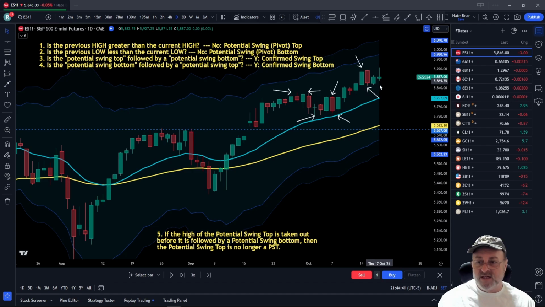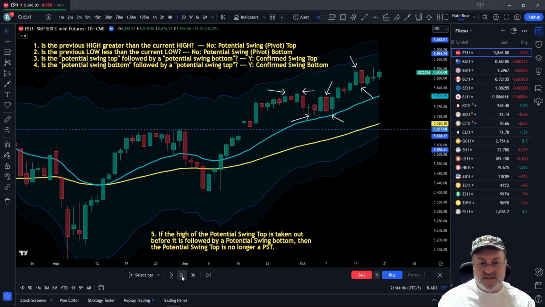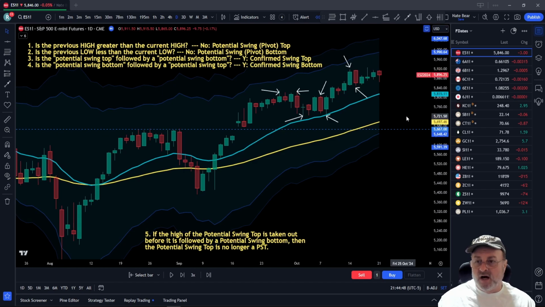All right, now we have a potential swing top. Inside bar, no change. Now this price bar has made a lower low. It's a potential swing bottom following a potential swing top, which confirms it as a swing top right there.